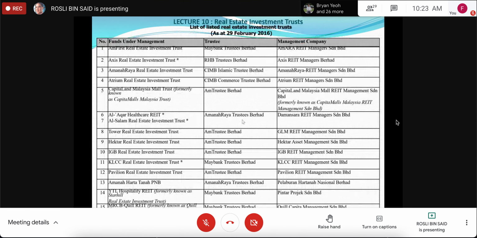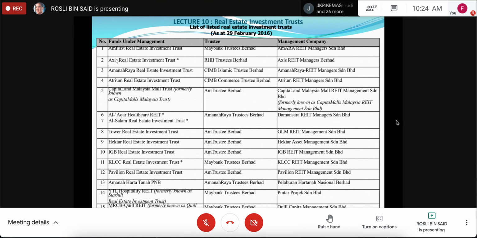So now we try to see the REIT companies that we have in Malaysia. We actually have 18 REIT companies. Although this is the figure up to 2016, up to 2020 we have one more REIT extra. So basically we have about 18 REIT companies.